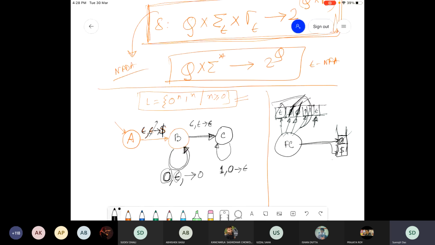If the input was the correct input, that is 0^n 1^n, exhausting the input means all the poppings are complete and the dollar should be exposed. So we have achieved an epsilon in the input and we have seen a dollar on the stack, and we do nothing and accept at D.